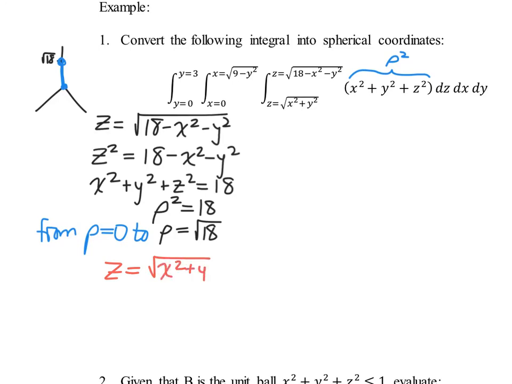Now the key ingredient here, I think probably more than anything else, is the idea that these two are bounds in the XYZ coordinate system, the rectangular coordinate system. But they're not necessarily the bounds for the same variable in the spherical system. Because we can define quadric surfaces one way, we can define other types of surfaces in different ways. So we need to let the math kind of take us for a ride here and see where we end up.